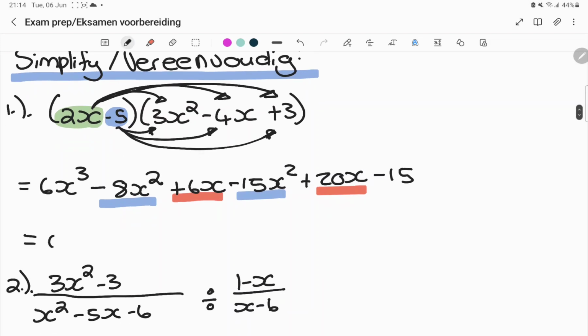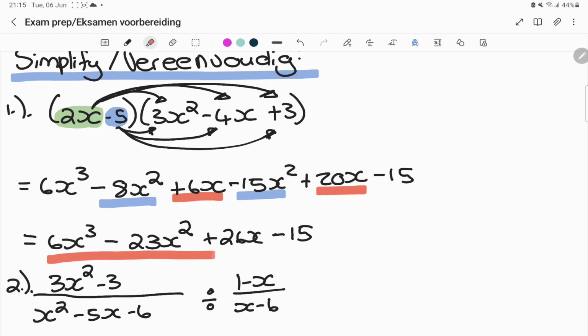Alright, so this will give me 6x to the power of 3, minus 8x squared minus 15x squared becomes negative 23x squared. 6 plus 20 becomes 26x, and then I have my negative 50. Right, and this is your final answer. Remember, with simplification, you're not allowed to have any brackets in your final answer.